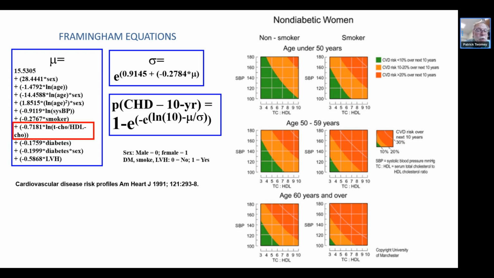It's the total cholesterol to HDL cholesterol ratio. And as you can see, as that ratio increases, irrespective of what the population is, male, female, smokers, non-smokers, people with diabetes, people without diabetes, you go from lower ratios to higher ratios, from green to amber to red.